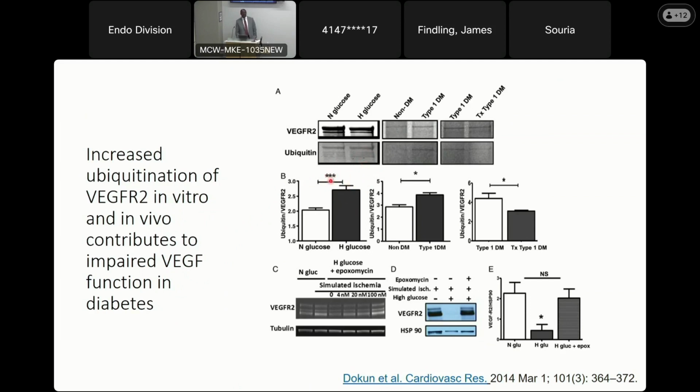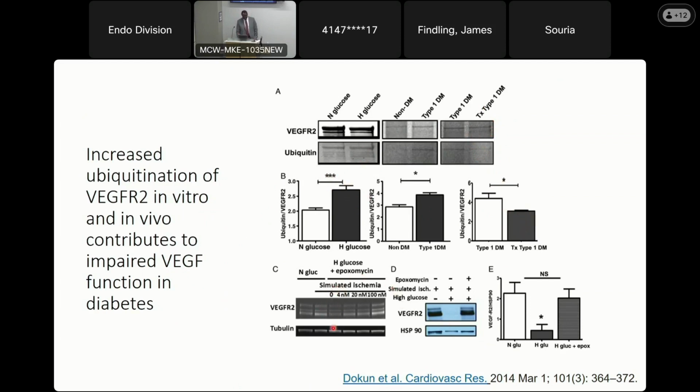That's what's quantified here. We've also shown that if you actually treat the diabetes, so mice that we induce diabetes in, right after induction we start giving them insulin, you can actually reduce the amount of VEGF receptor ubiquitination.